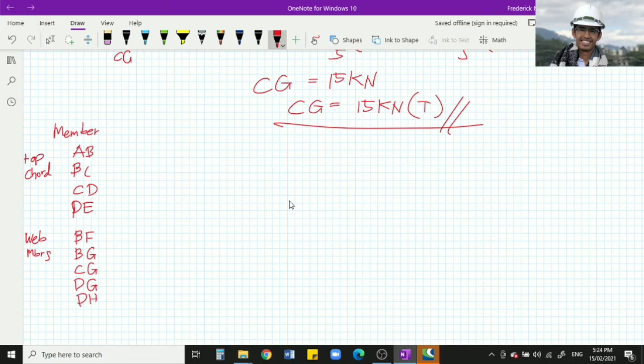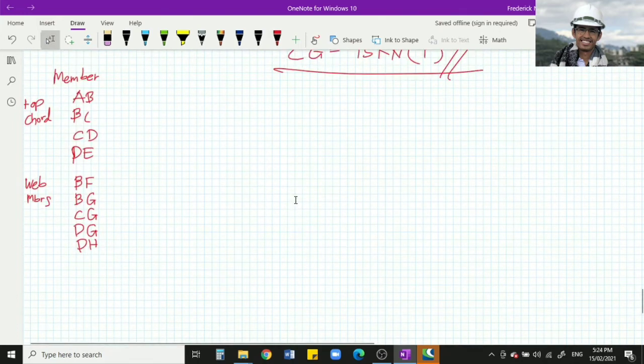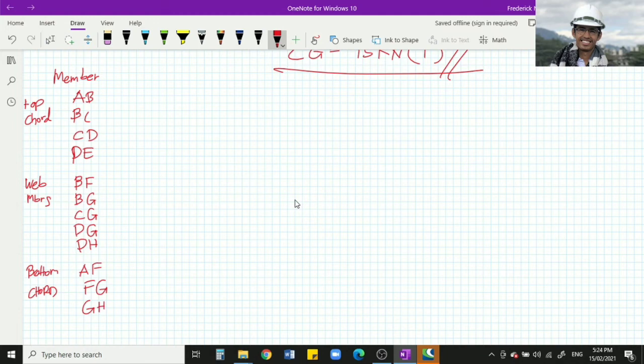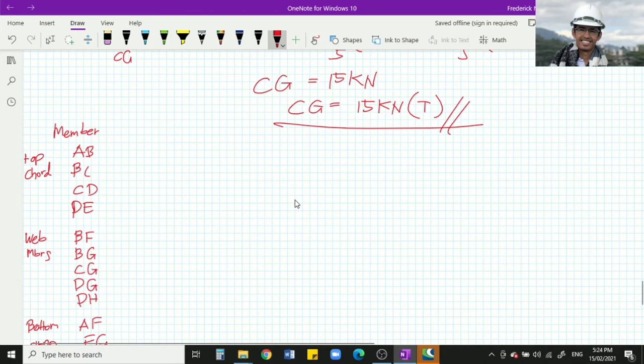Okay? And for the bottom chord, so for the bottom members natin, that will be AF, FG, GH, and HE. Okay? And pwede natin i-tabulate. Ilagay natin dito sa second column natin is yung mga tension members, and dito sa third column is yung compression members. Okay?